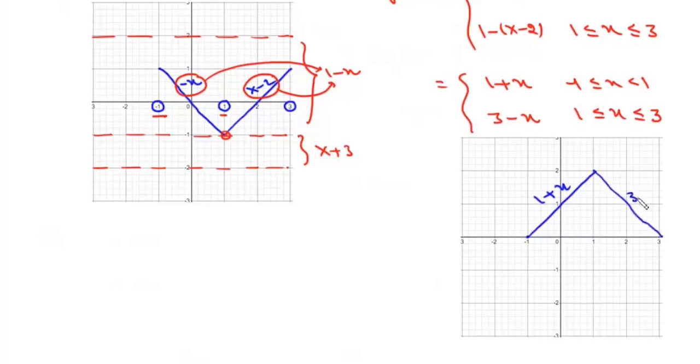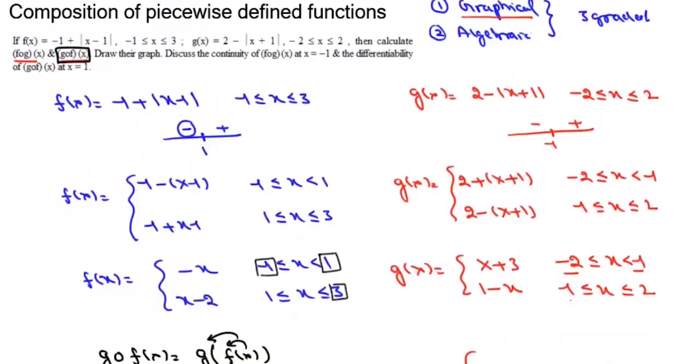So that's the definition, 3 minus x. Now this g of fx is continuous in minus 1 to 3, and it is not differentiable at x equals 1. So this function is not differentiable at this point, x equals 1. So we can solve these composite functions either using a graph or using this algebraic method.